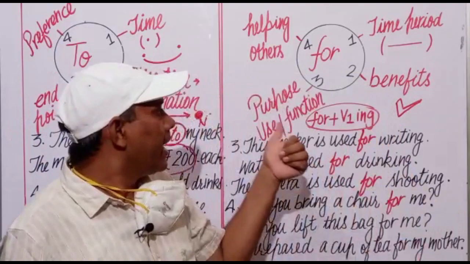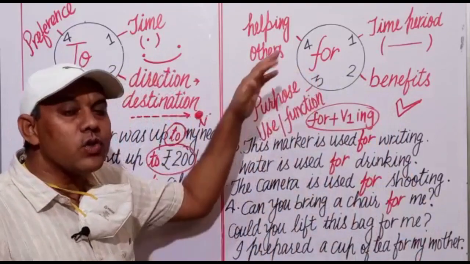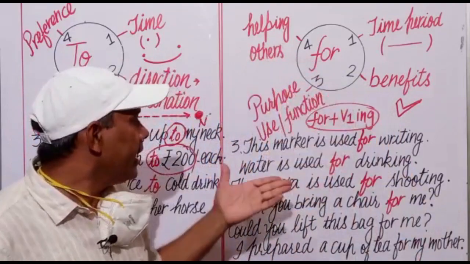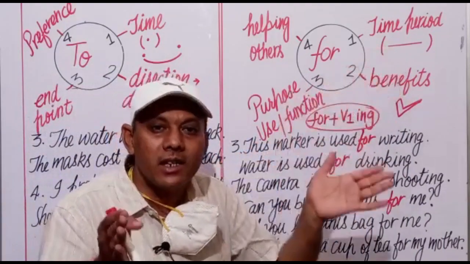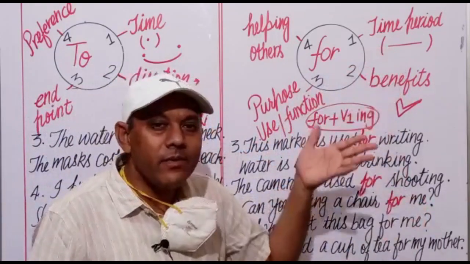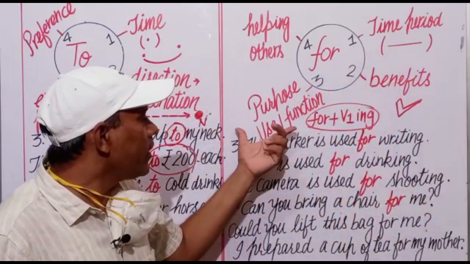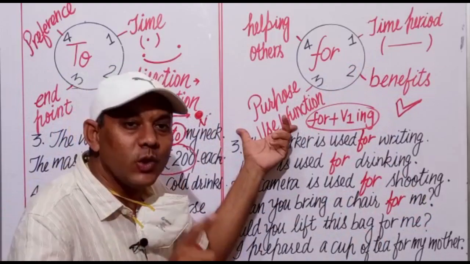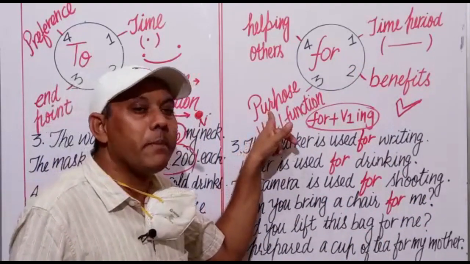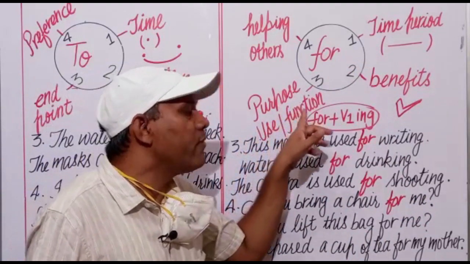Now, in case of for, we use this word for in different situations. We have discussed time period and benefits already, and now we are going to discuss where else we use for. It is used for purpose, use and function.